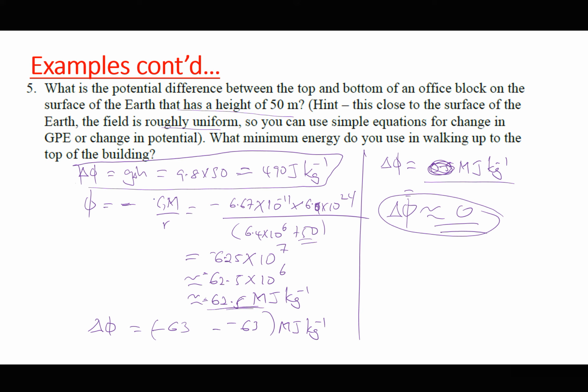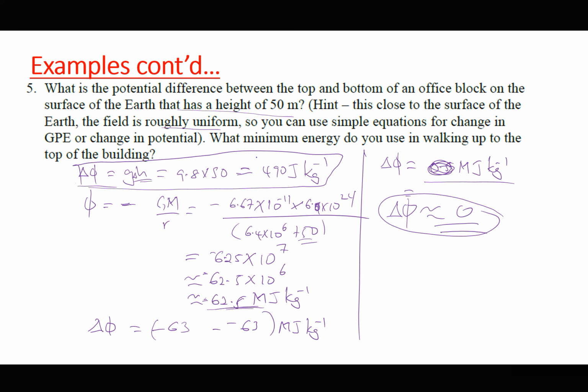That's why, for points close to the Earth's surface, the change in potential can be considered to be equal to the gravitational field strength times the change in height, because close to the Earth's surface, g is almost constant.